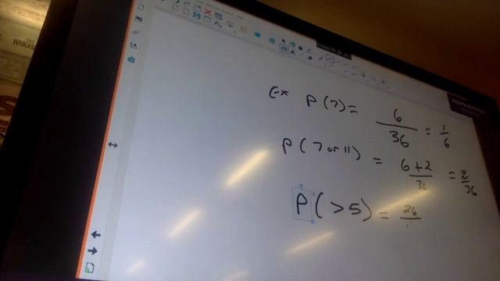So there's 30 outcomes. 1, 2, 3, 4, 5, 6, 7, 8, 9, 10. Oh, there's a mistake there. So, error in the book. Because they want the probability of rolling a total greater than 5, not just 5. It's not 5 or greater.